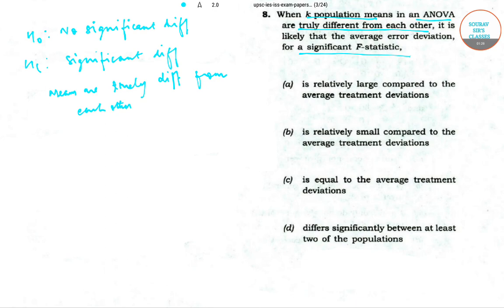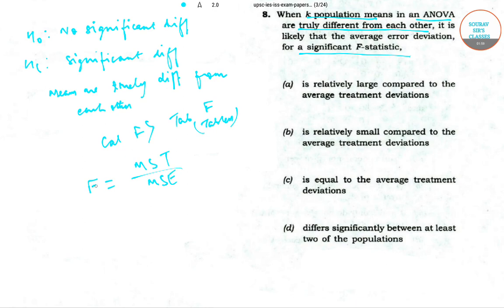it means that the calculated value of the F statistic is greater than the tabulated value of F statistic that is present in the tables. And we also know that the value of F statistic is given by the mean sum of squares due to a single treatment by the mean square of errors.